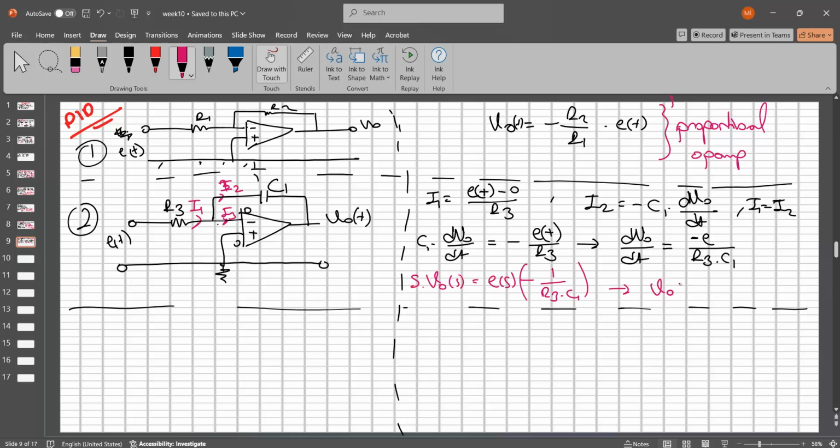Or V0S is equal to minus 1 divided by R3 times C1 times 1 divided by S times ES, which means that this is what? Yes, integrator. This is proportional. Okay? So, how about this one?